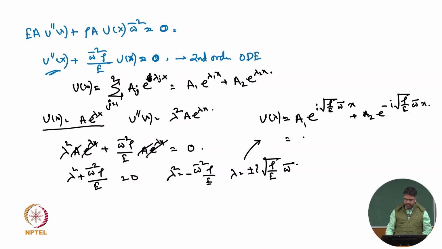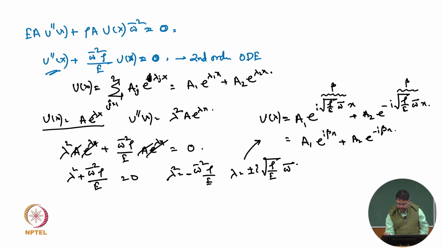So if I just say that this portion is, let's say, beta. So you can say that a1 e to the power of i beta x plus a2 e to the power of minus i beta x. Okay, fine.